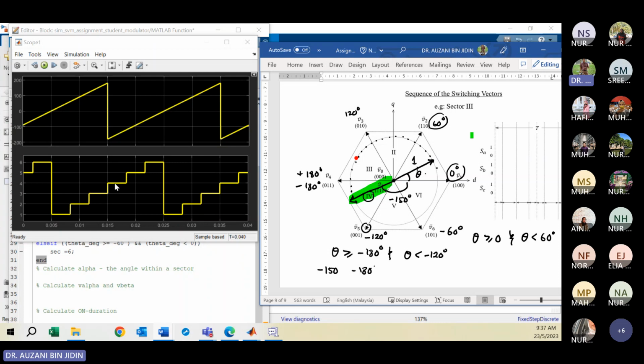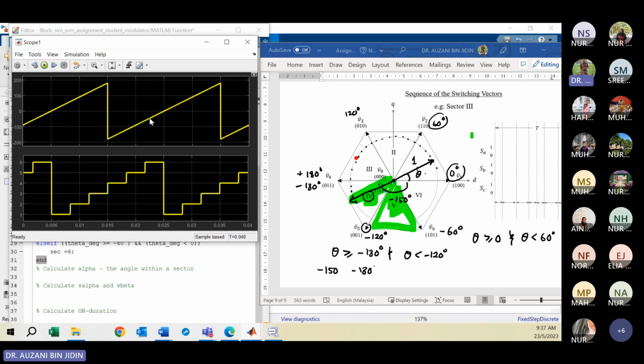What sector? Sector 4. Then if it varies between minus 120 and minus 60, it is here, so this will be sector 5. Sector 6 is from minus 60 to 0.